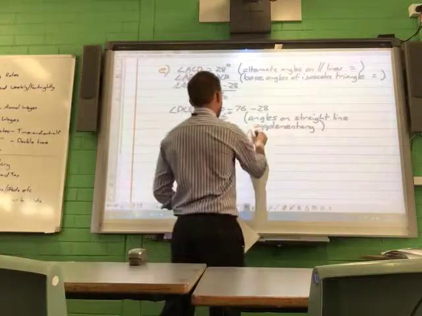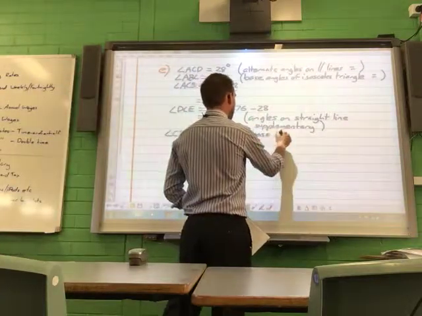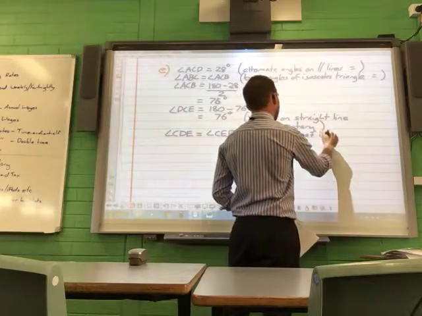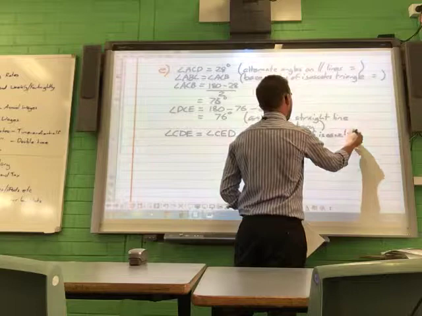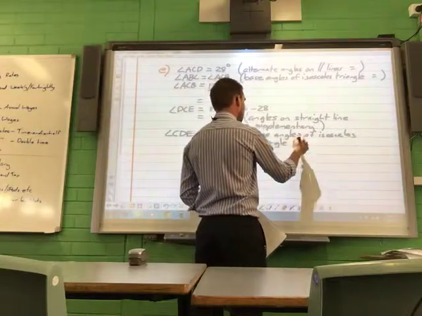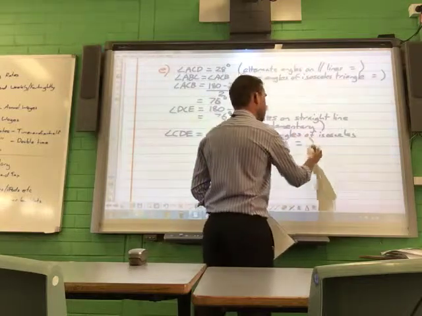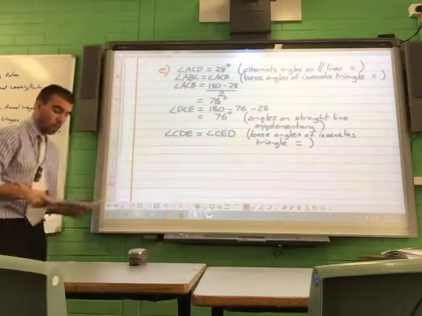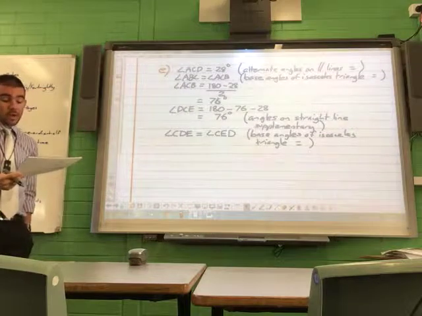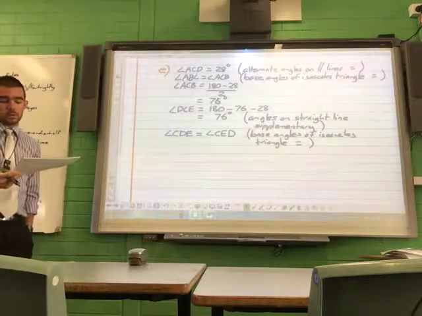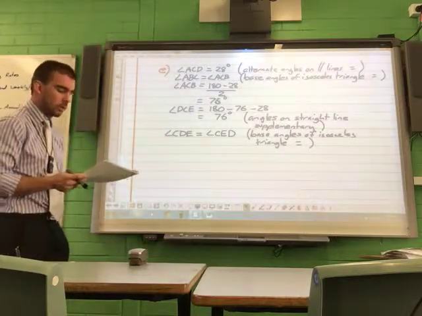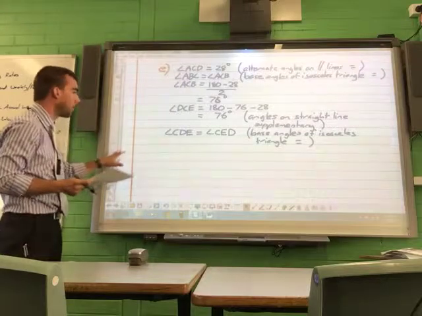Okay, so again, base angles of an isosceles triangle are equal. Right, so what I really need is angle CED, so that I can do either the exterior angle result with angle CDE, or I can just do supplementary angles on a straight line, which is what I'm getting at.